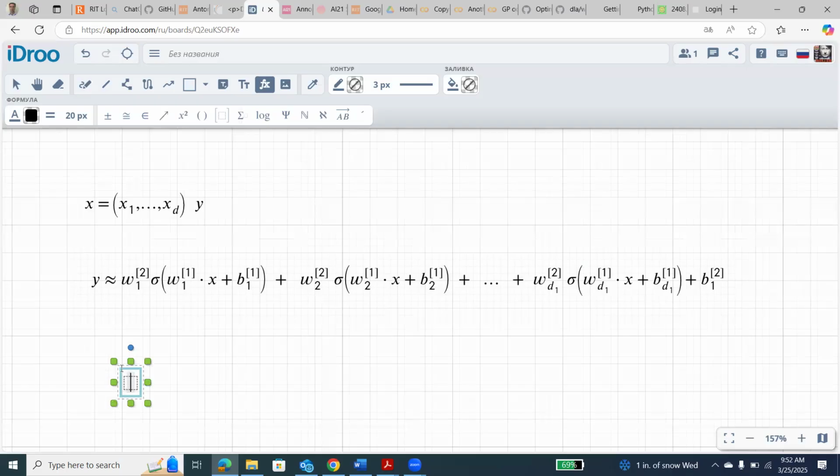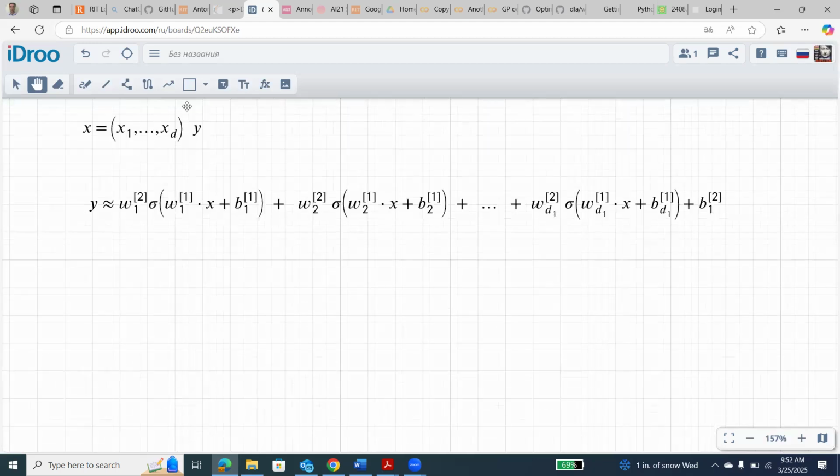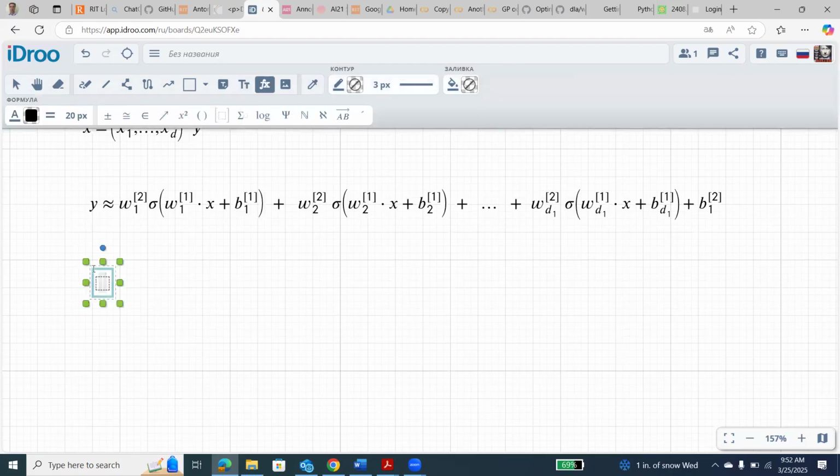So let's write this in a little bit different way, how you typically see this in the literature. So we will use the feature. And also we have data x with subscript i and y with subscript i.